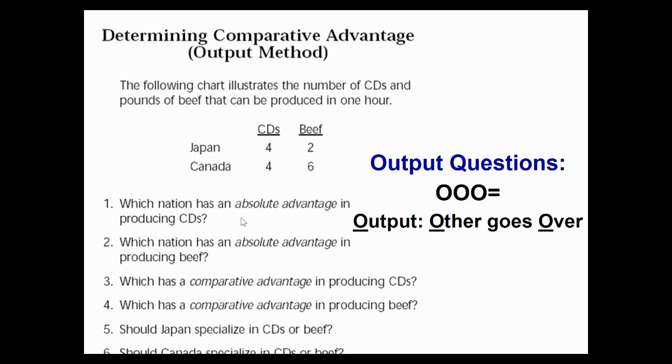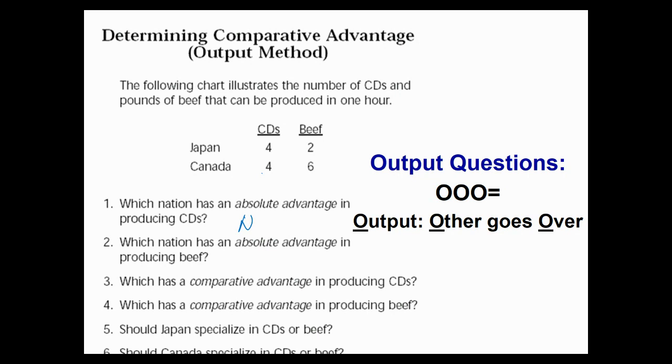Which nation has the absolute advantage in CDs? So who makes more CDs? Well, both Japan and Canada make 4 CDs in an hour, so neither one of them has an absolute advantage. I'll put an N there.